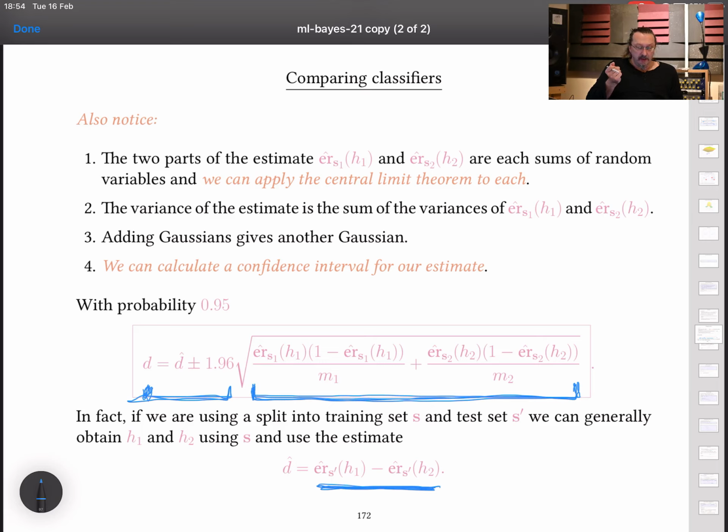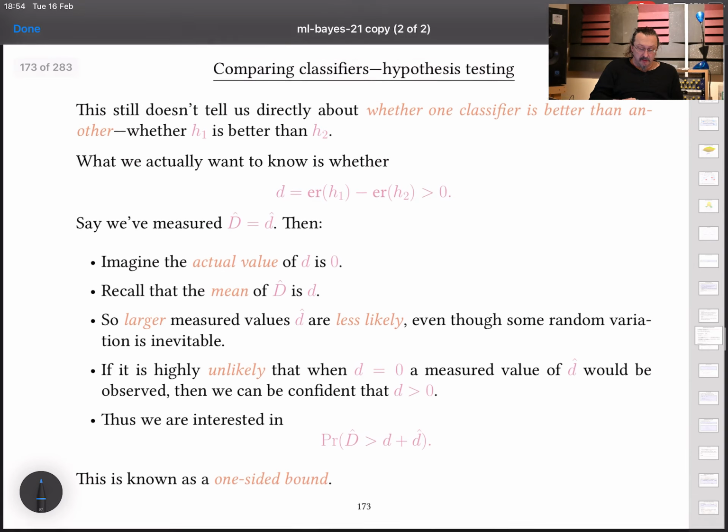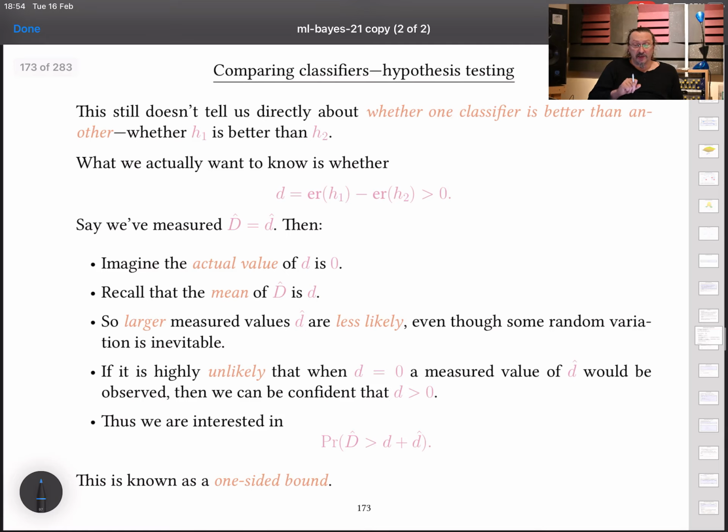Okay, that's not quite what we want to know for the following reason. We're actually interested in whether one of those hypotheses, H1, is better than H2 or not. Okay, so what we actually want to know is whether the difference is bigger than 0.